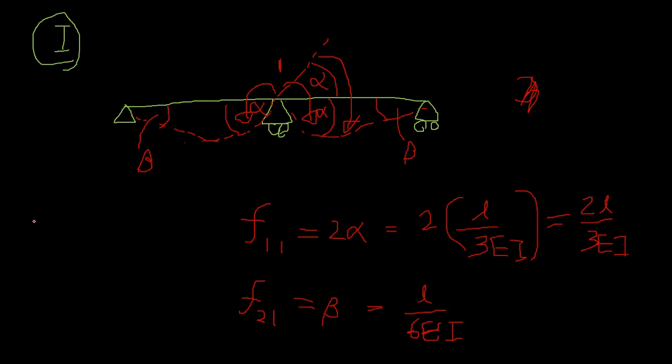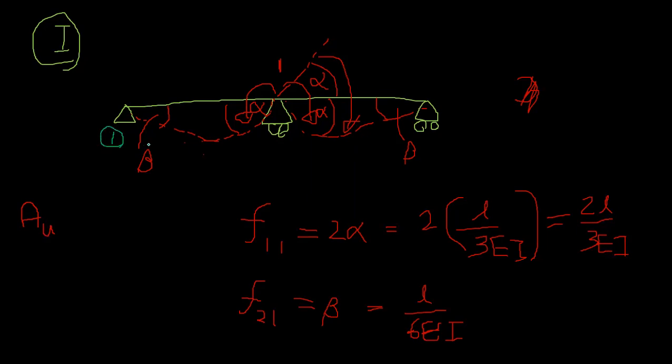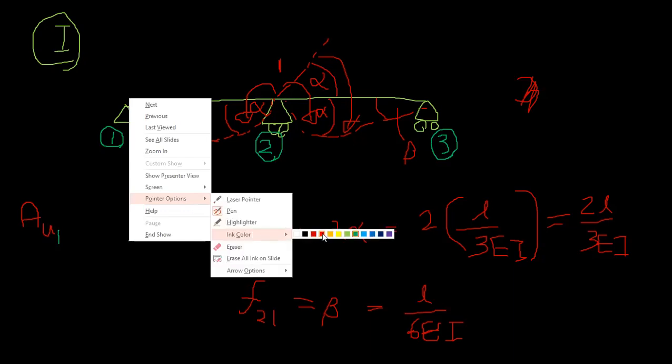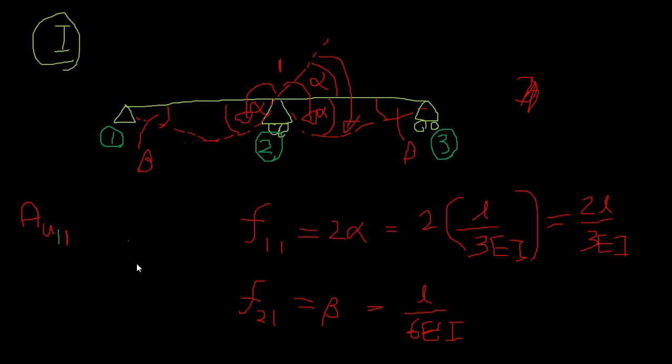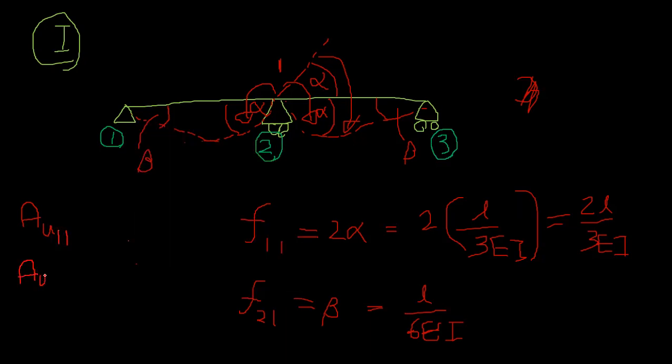And yes, action matrix, action unit. So AU, the action coordinates are different, right? So the first action VA is at first coordinate here. These are action coordinates, okay, these are redundant coordinates. So those are different things, right? This is the action coordinate. The actions we are monitoring, right? Action at 1 due to the redundant force at 1, right?